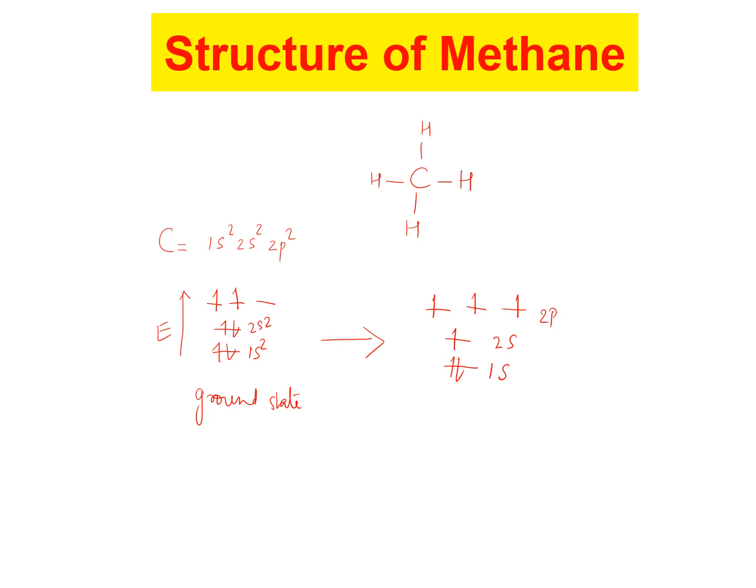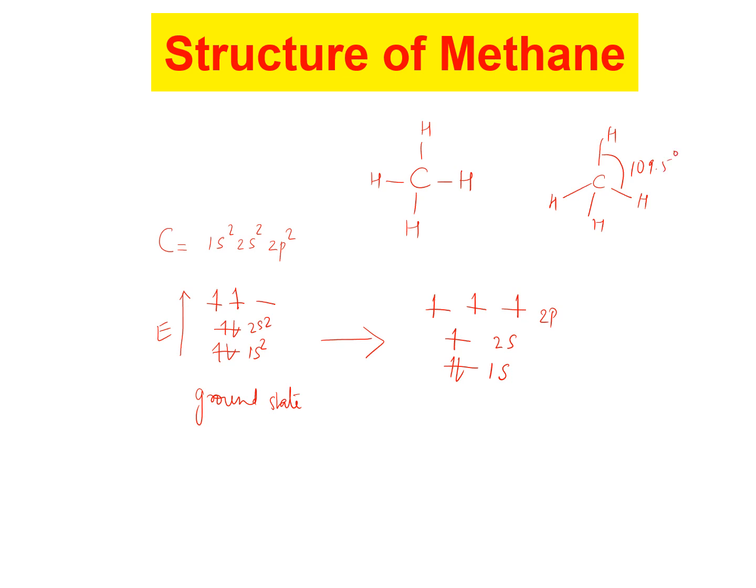Now, if you think that they are overlapping with the 1s orbitals of the hydrogens, then it doesn't completely explain the structure of methane, because methane has a structure where the 4 hydrogen atoms are at the 4 corners of a regular tetrahedron, and all the bond angles are 109.5 degrees.